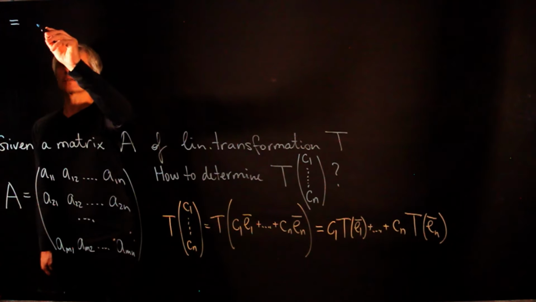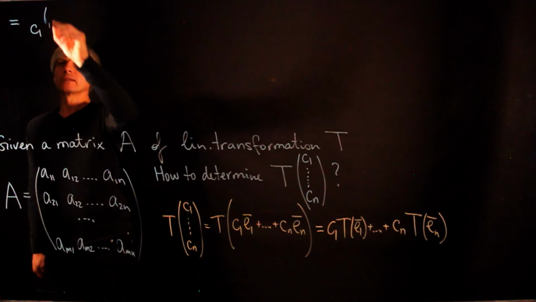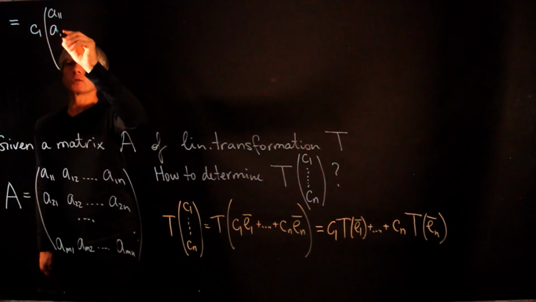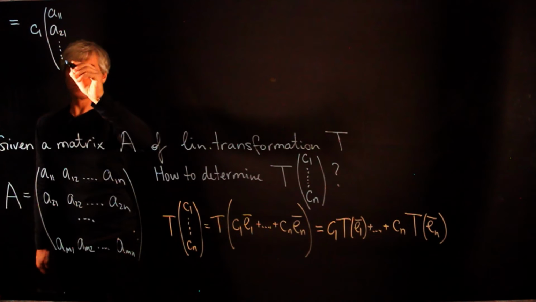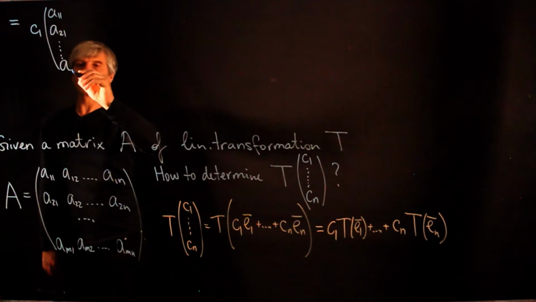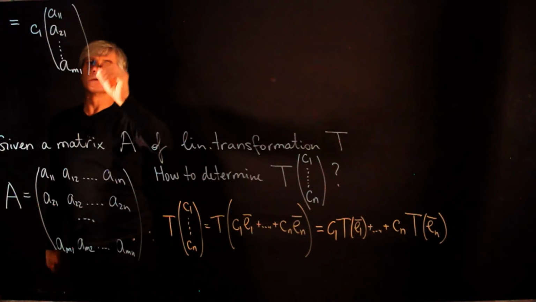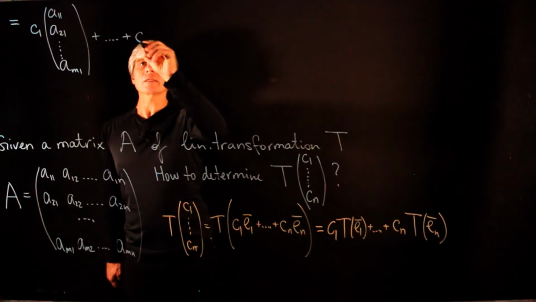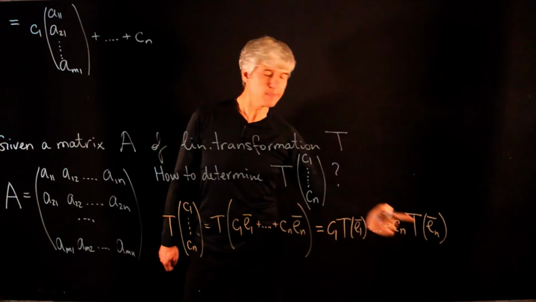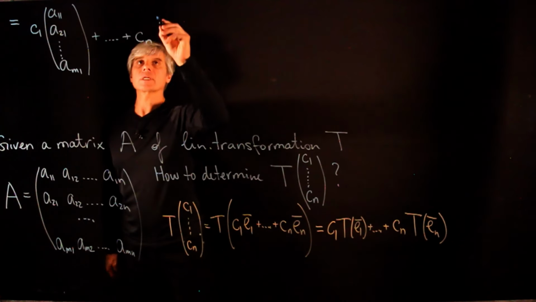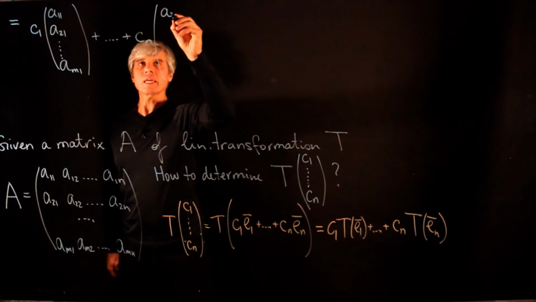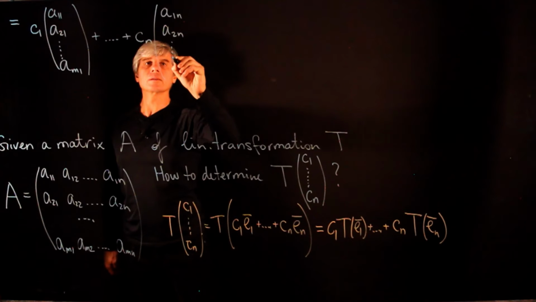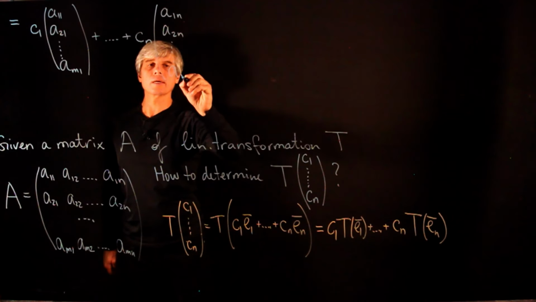So we get C1 times the first column, A11, A21, dot, dot, dot, Am1, plus dot, dot, dot, and T(En) is the last column of this matrix: A1n, A2n, dot, dot, dot, Amn.